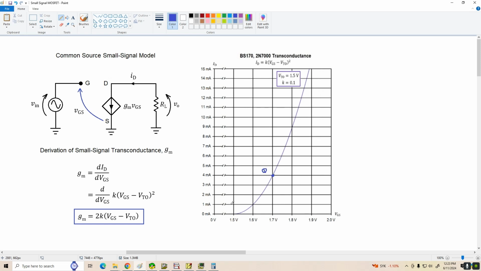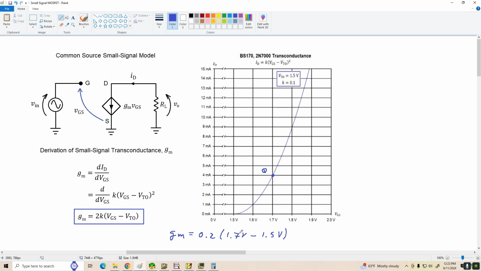And let's determine the transconductance for that particular Q point for a 2N7000 or BS170. All right, so we've got gm equals 2 times K. K is 0.1, so that's 0.2 times VGS, 1.7 volts, minus the threshold voltage of 1.5 volts.